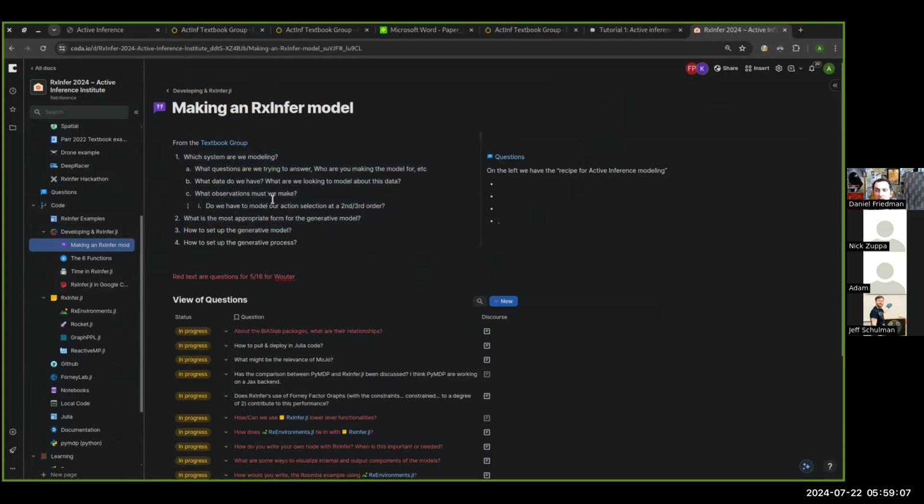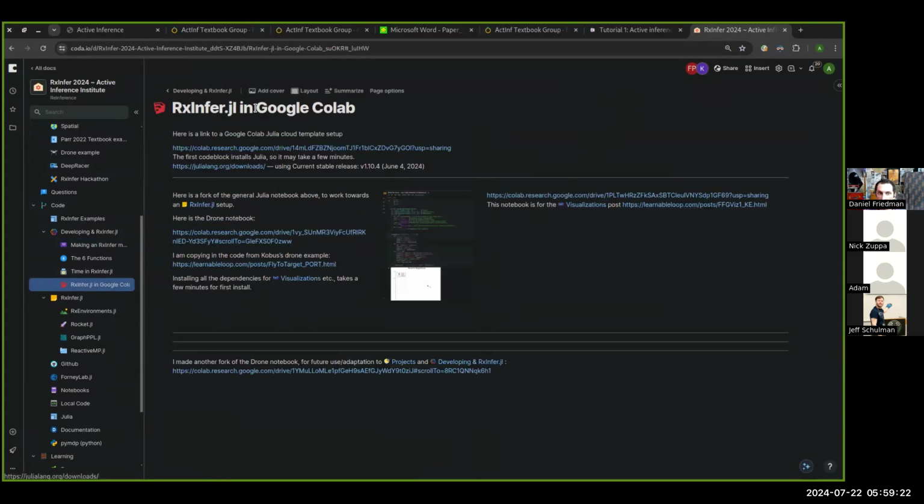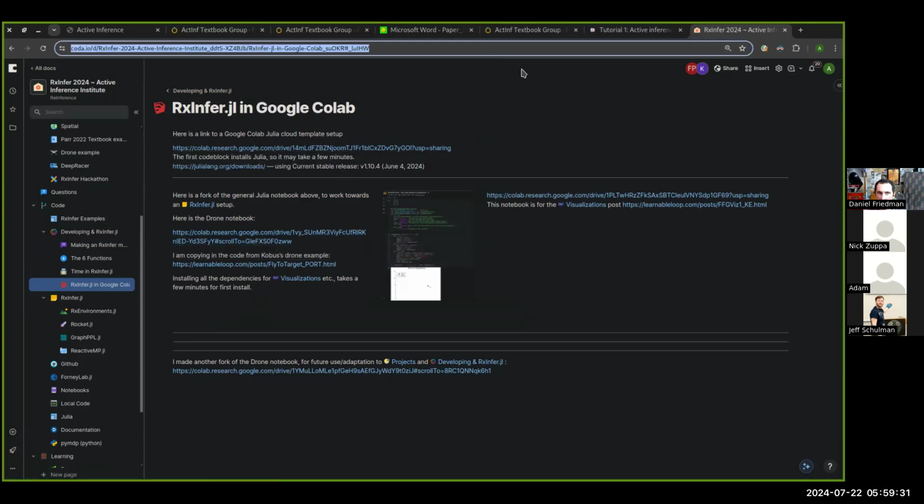Chapter 6 is at a generality of like prepare the main course, prepare the drinks, set the table. But then of course it's all situational. What's the main course? What's the drink? But we have Google Colab notebooks drawing from Cobus's code examples at Learnable Loop. I'll put these links in the chat too.